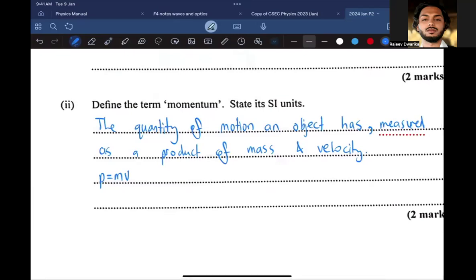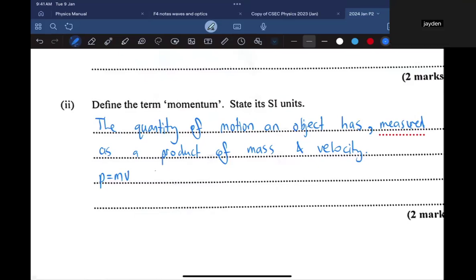Telma, Jian, do you know the SI unit for mass? What do we measure mass in physics? Tell me if you know what we measure mass in. I'll take that as a no. So in physics, we always measure mass in kg.